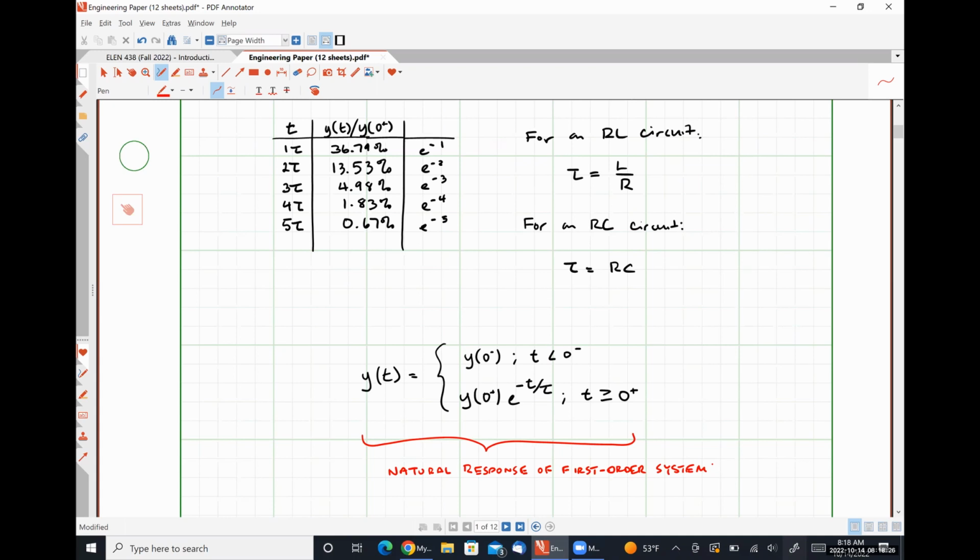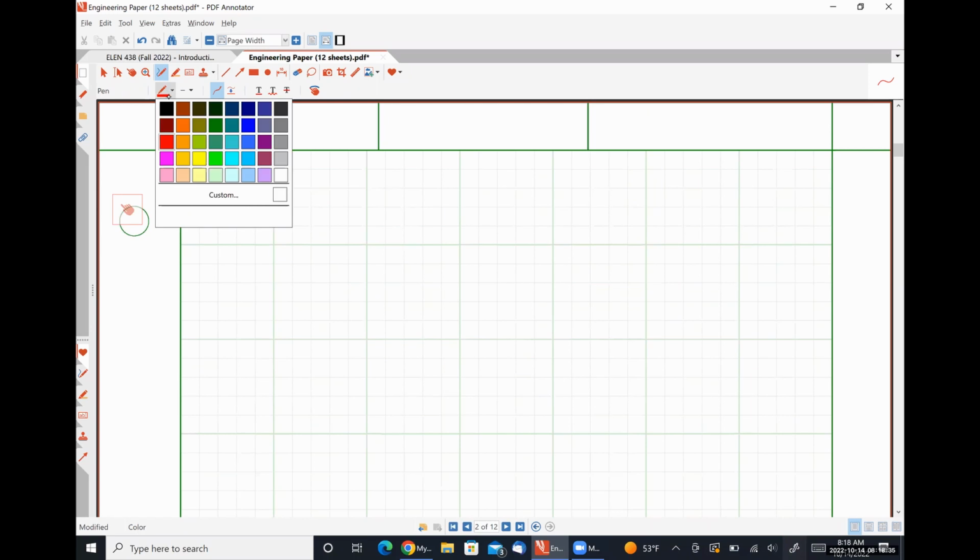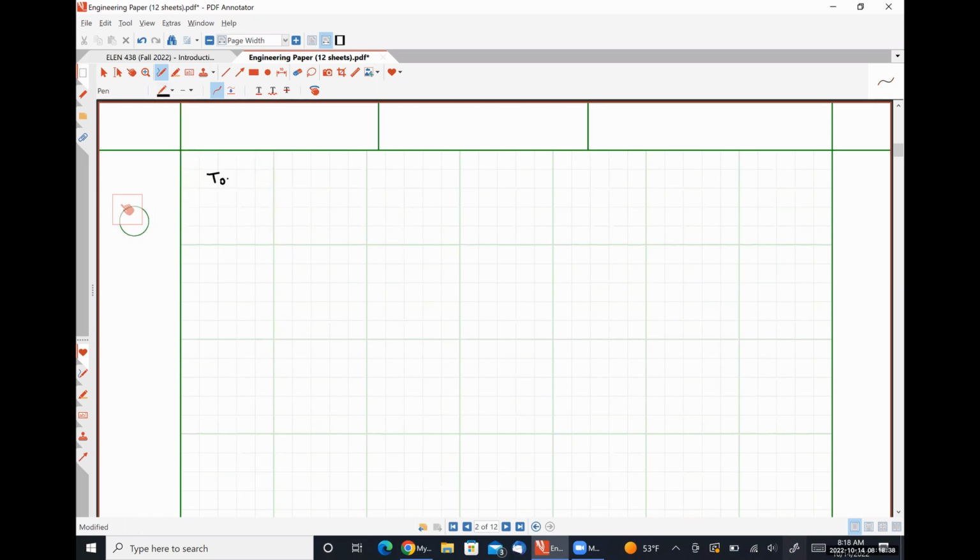What happens if the switch adds in an excitation source, right? So let's consider this circuit.